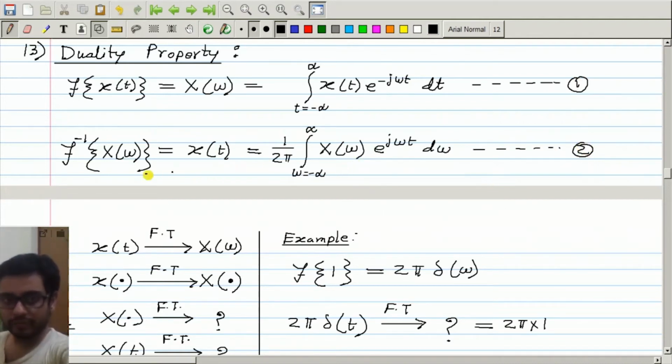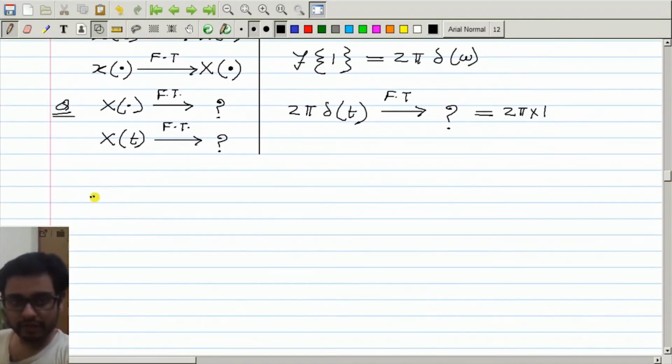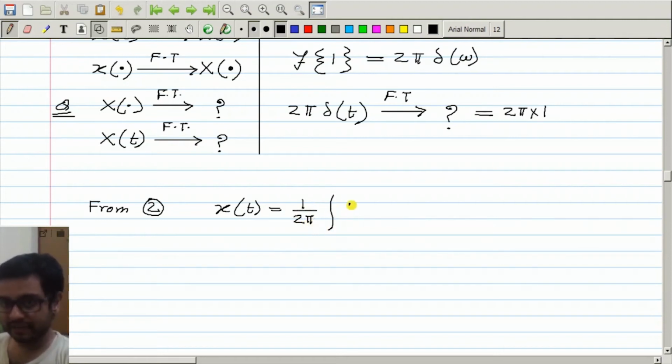Now, from equation 2, we have small x t equal to 1 over 2 pi integration capital X omega e to the power plus j omega t d omega, omega running from minus infinity to plus infinity.